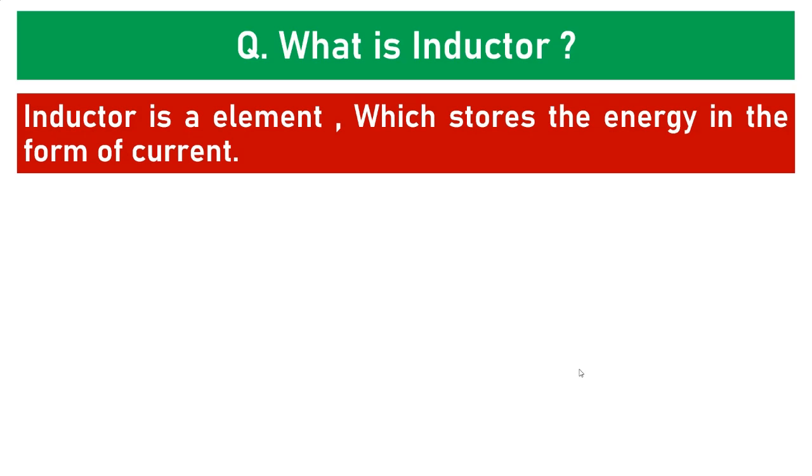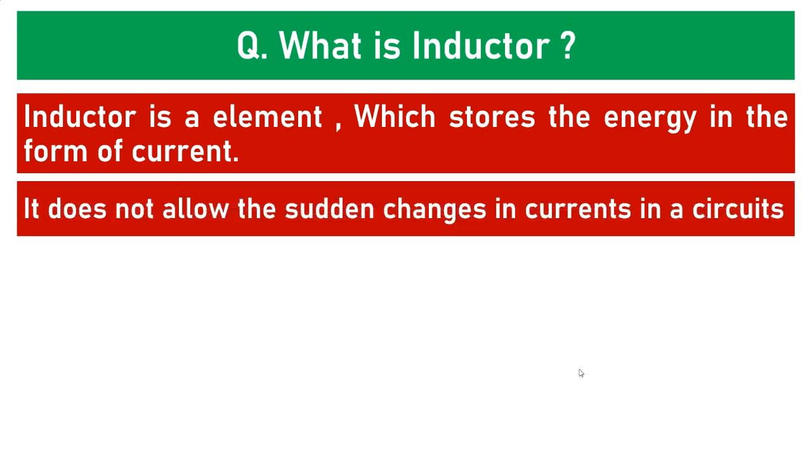It means, for example, we are connecting one inductor in any circuit, then the main property of this particular inductor is it stores the energy in the form of current. Now, another most important property of the inductor is it does not allow sudden changes in current in any circuit.